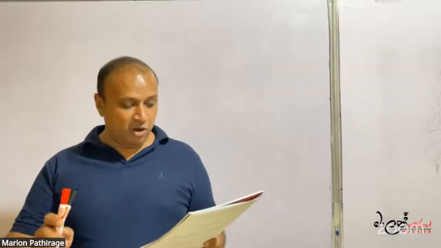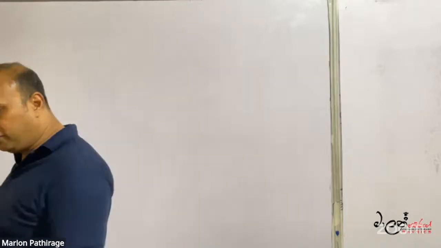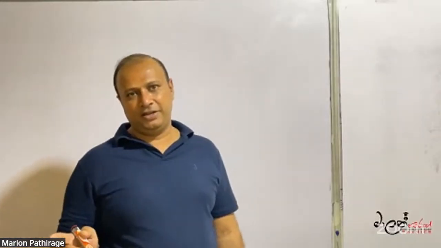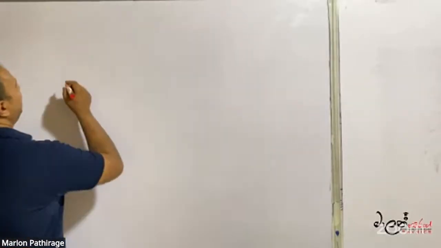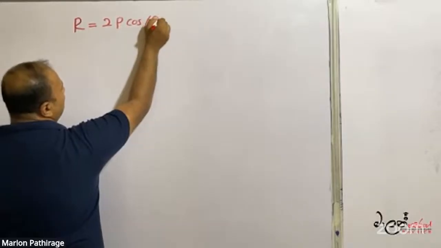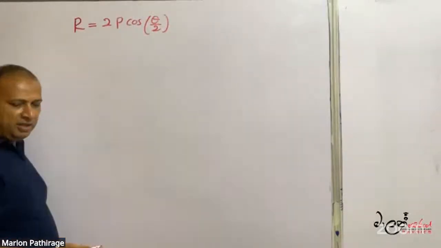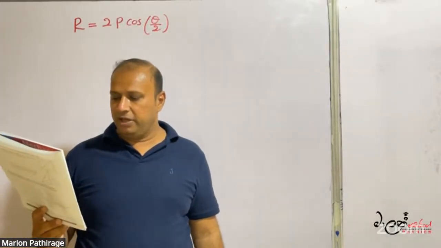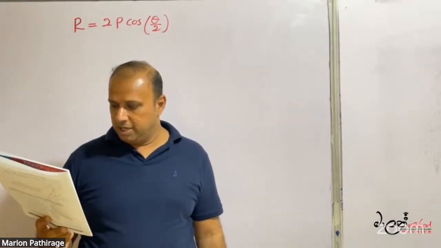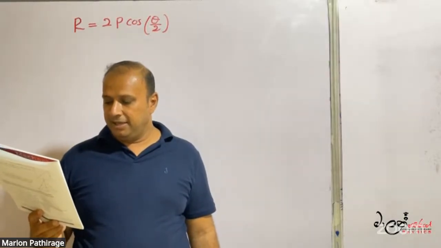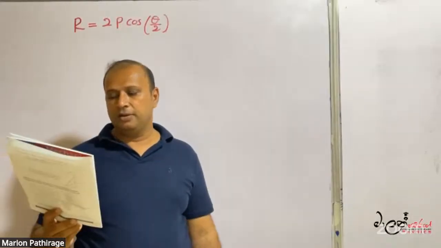Two forces of equal magnitude means definitely the resultant force should be equal to P cos theta over 2. This is a rhombus. Definitely, this should be a rhombus.